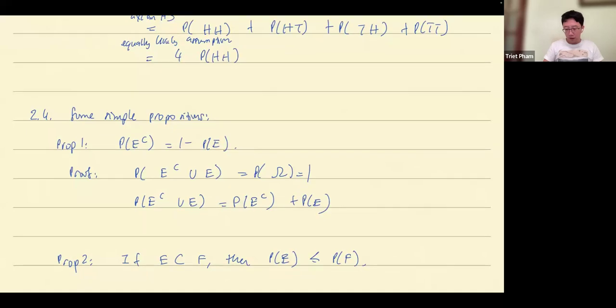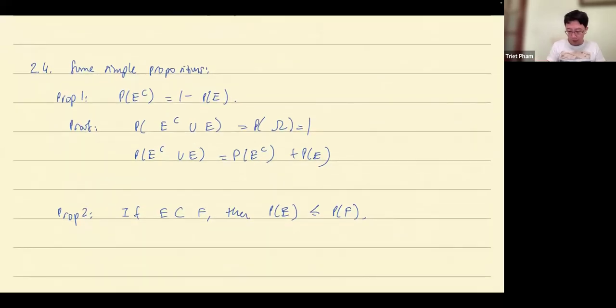And notice, in the language of logic, E contained in F is the same as saying E implies F. I won't harp on this, but you can check that. Basically, it says if you're in E, then you're automatically in F. That's why it's E implies F.